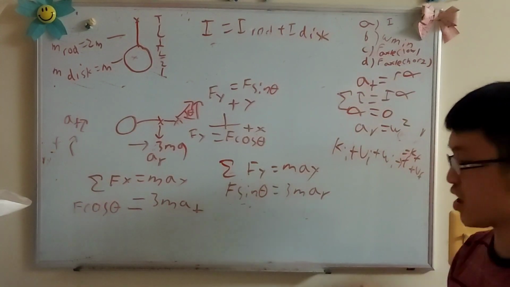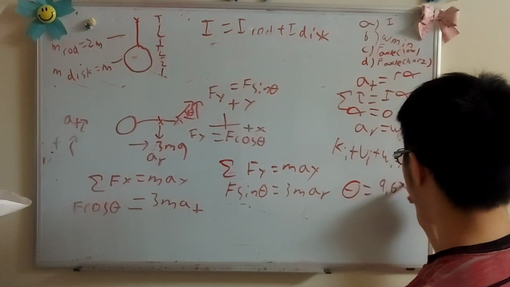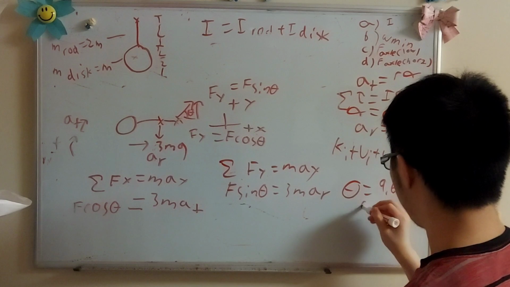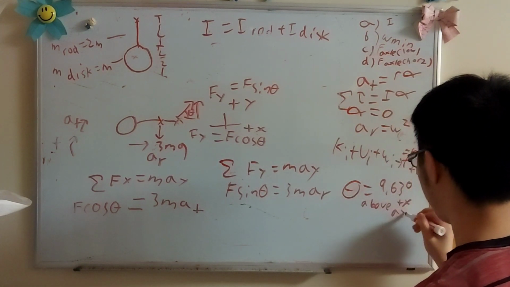Then you would set them equal to each other so you can find the angle, and the angle is 9.63 degrees above the positive y-axis. Positive x-axis, my bad.